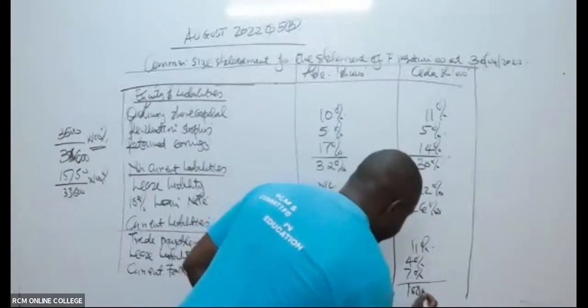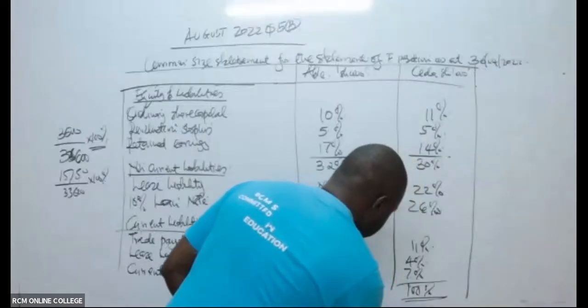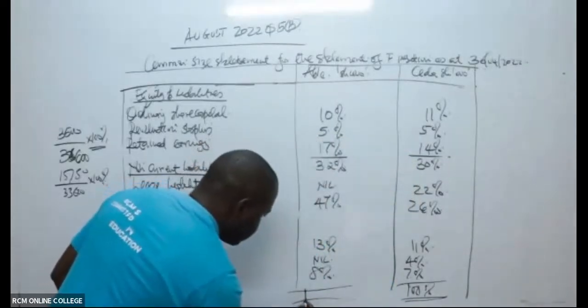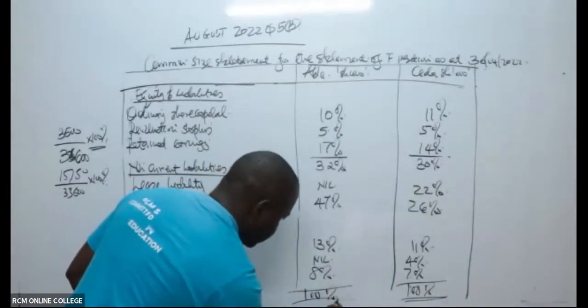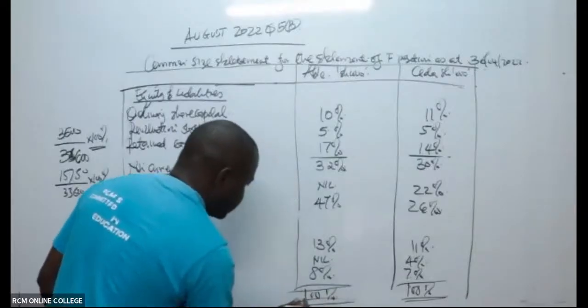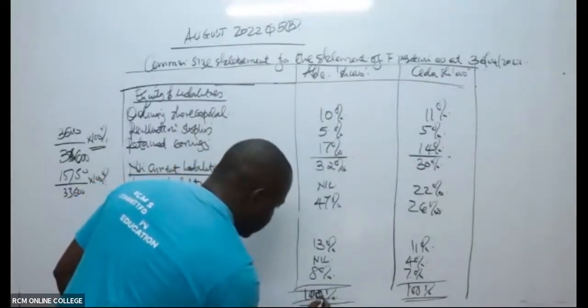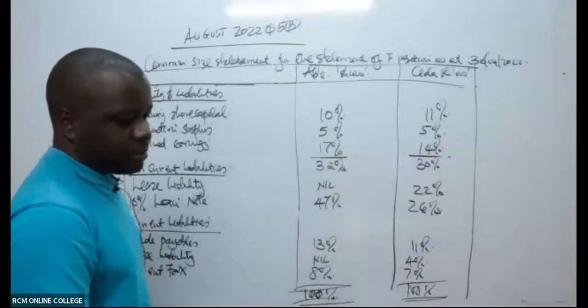If you do the total there, it should give you the total figure, so that comes to 100%. That comes to 100%, 100%.